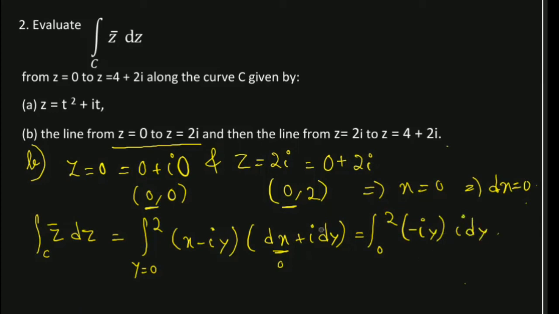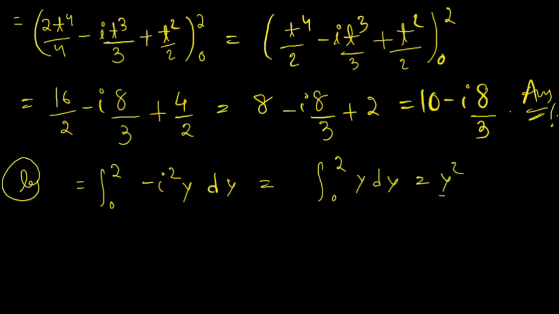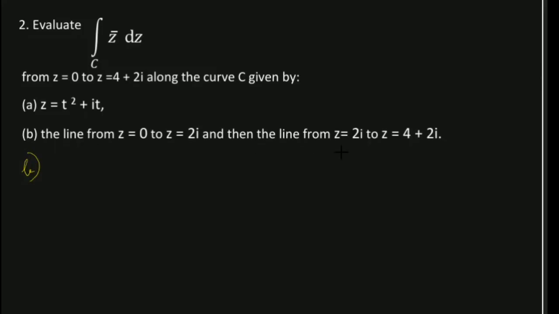Therefore we got the integration from 0 to 2 of -i squared y dy, which is the integration of y dy, equal to y squared by 2, limit going from 0 to 2. This is 4 by 2 - 0, which is equal to 2. Now this is the answer for the first part.